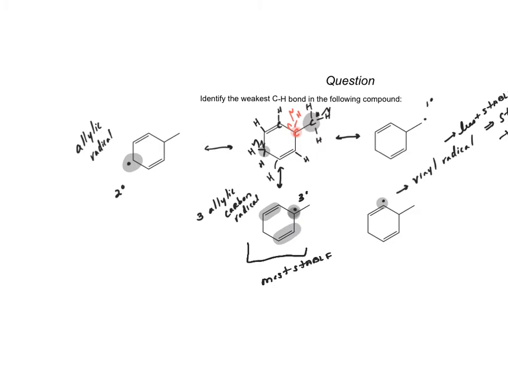So as a result of that, the bond dissociation energy here is the lowest. So this carbon-hydrogen bond specifically is the weakest bond, weakest carbon-hydrogen bond, right? So if you were going to identify that in your answer, you would say that this guy is the weakest. So hopefully that makes sense.